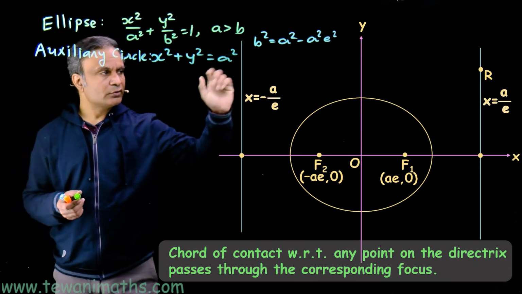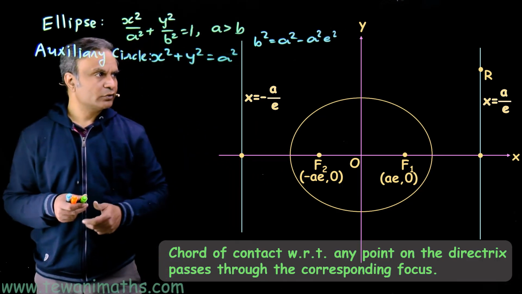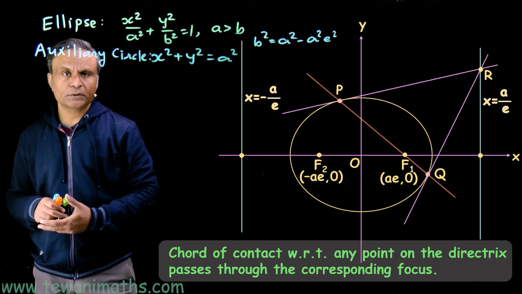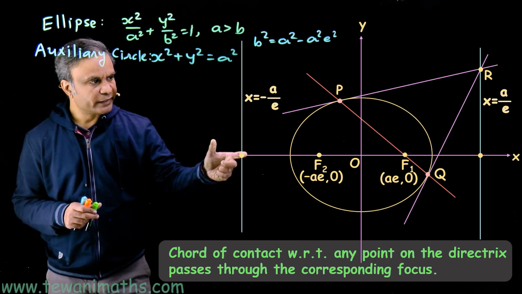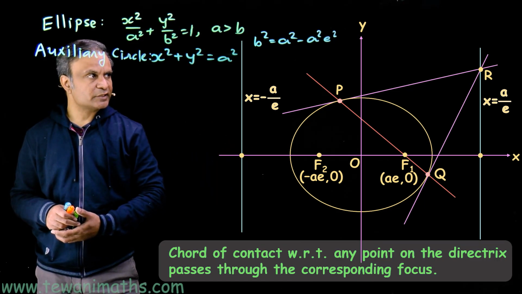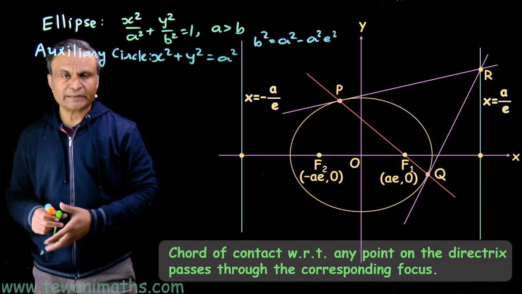Here we have point R on the directrix, x is equal to a upon e. From this point we draw tangents to the ellipse. We join the points of contact. Now this chord of contact passes through focus F1. Here F1 is the corresponding focus to the directrix x is equal to a upon e. This is the property.